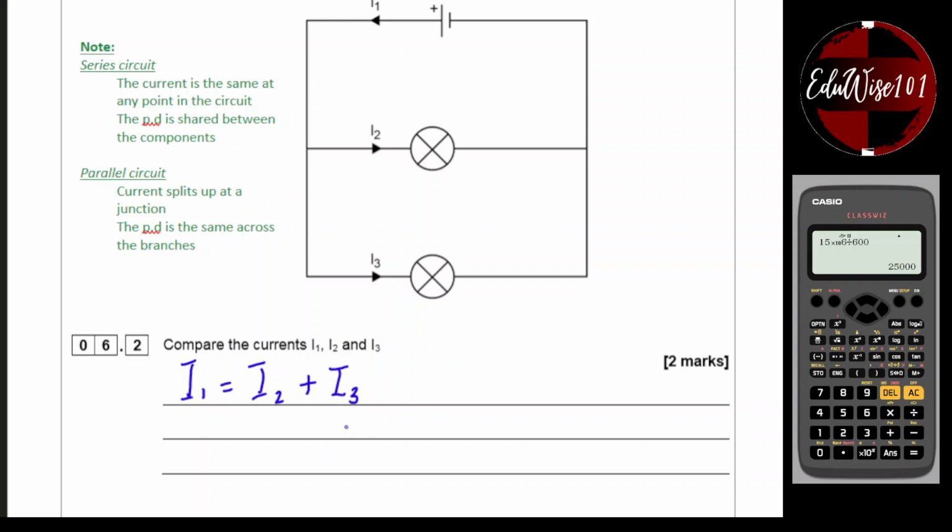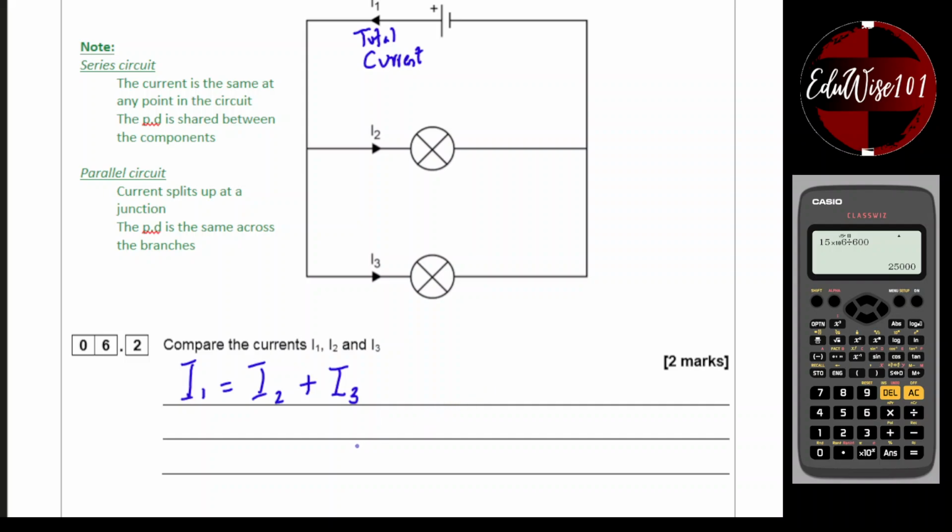So these two currents should add up to the total current. So that's the, I can mark it here, that'll be the total current.